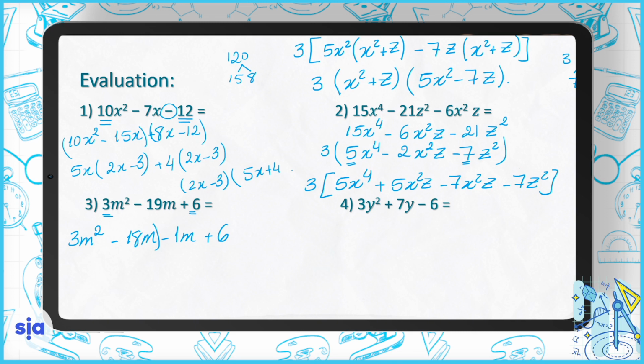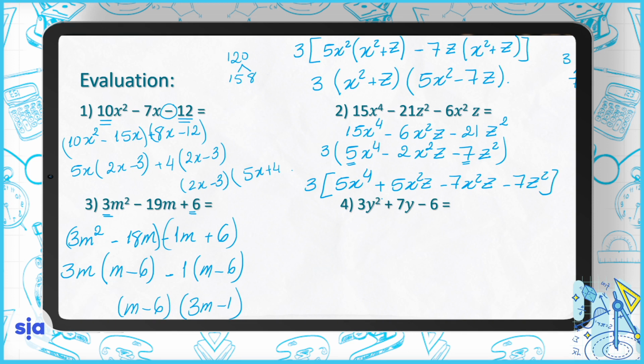If you combine these two as one group and these two as another group, the common factor here is 3m, and then it's m minus 6 minus 1, and then it's m minus 6. The common bracket is m minus 6, and the singles are 3m minus 1.